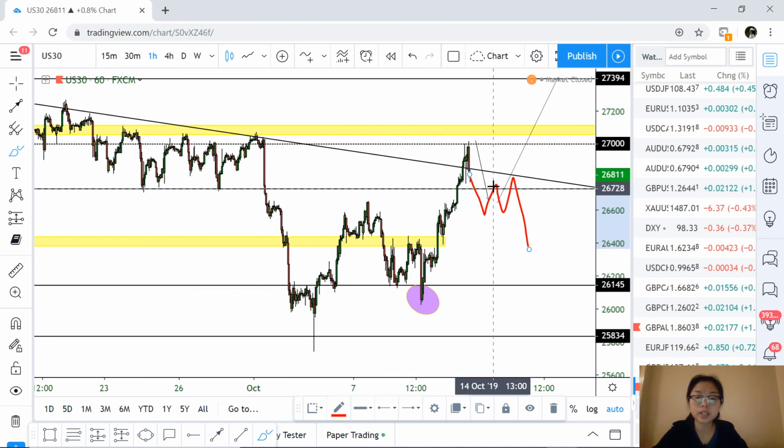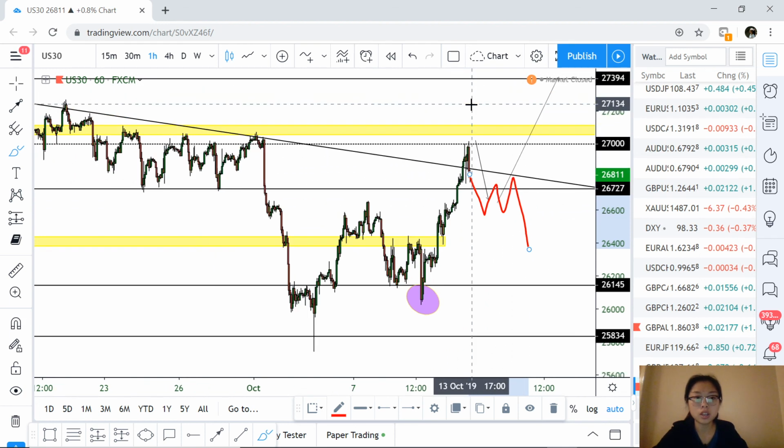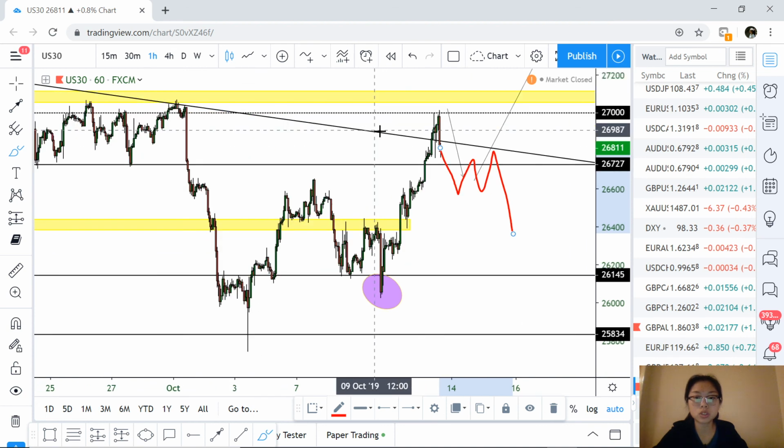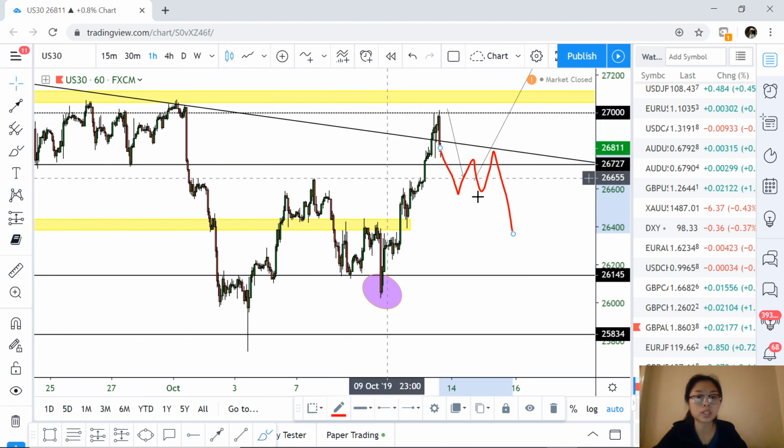Once it breaks and retests, you don't know if it's going to shoot up or shoot down, because this retest could be the retest of this broken structure, which could lead US30 back up to the near all-time highs. So you need to see the retest of the broken structure, it comes back down, retests, it fails, and then I would enter on a short. That's 2 scenarios for US30.